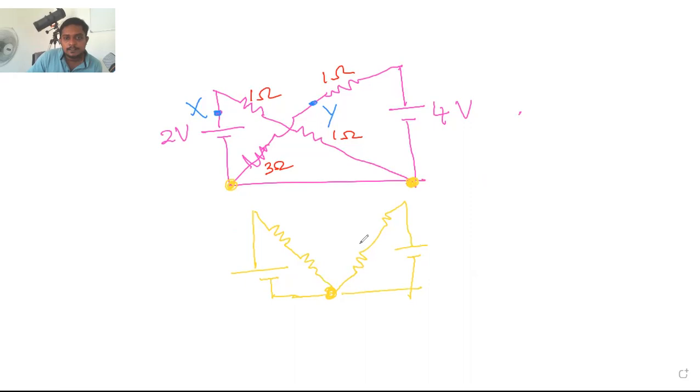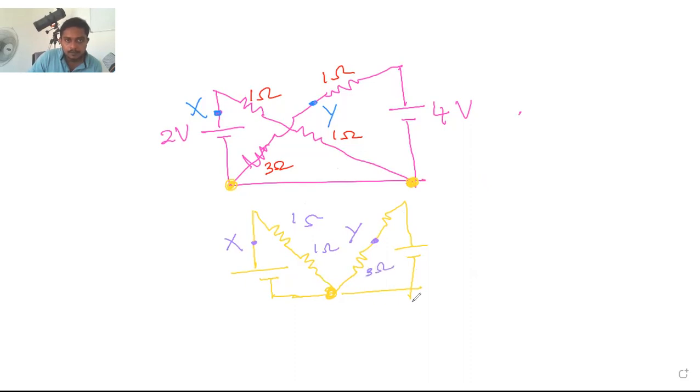You can change these things here and there. It doesn't matter because the potential is the same for all places. This is y, this is x. This is 1 and 1. This is 3 ohms and 1 ohm.